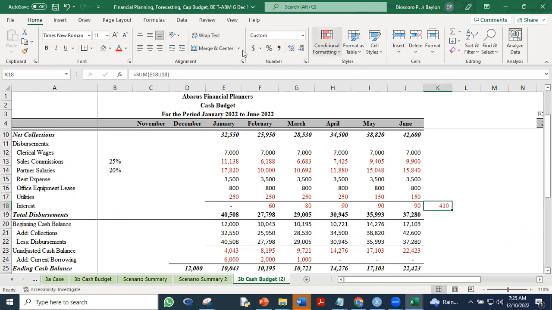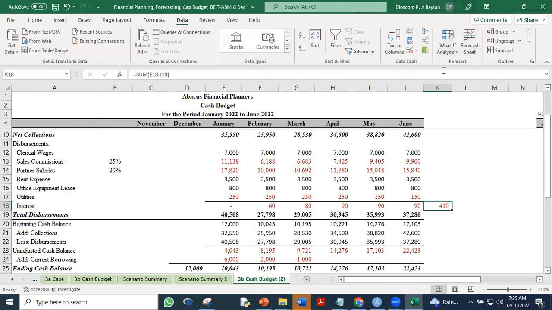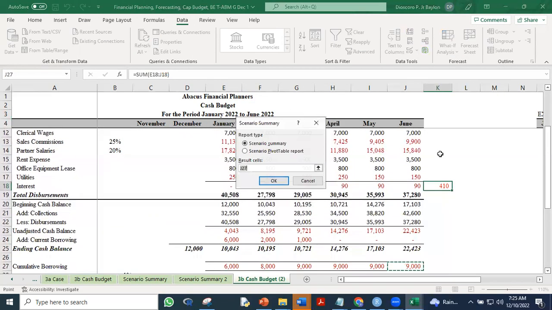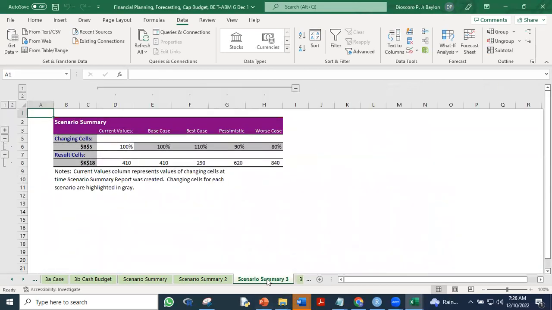So let's once again come up with another scenario analysis. What if, okay, and then let's summarize. Let's summarize this time here, the total interest. Okay. All right. Then it generated another scenario manager. So this time, since I changed this, I made it 100%.